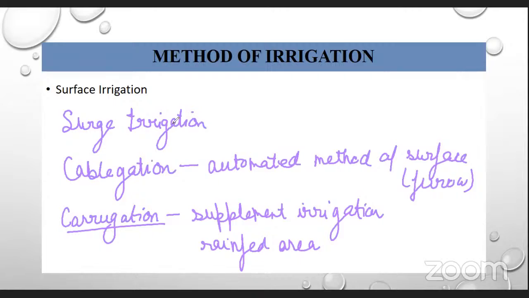And surge irrigation is usually known as on or off modes of constant or variable time.